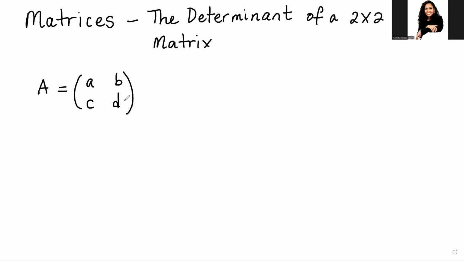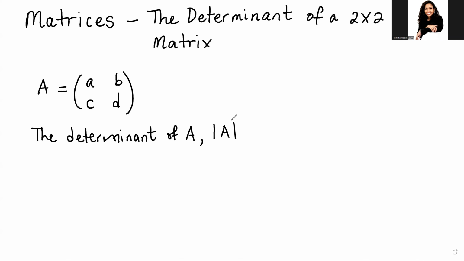The determinant of this matrix A, written as modulus A, so two vertical lines with A in between, stands for the determinant of A when you're dealing with matrices.